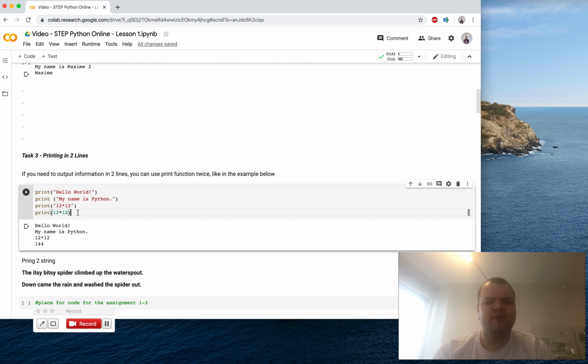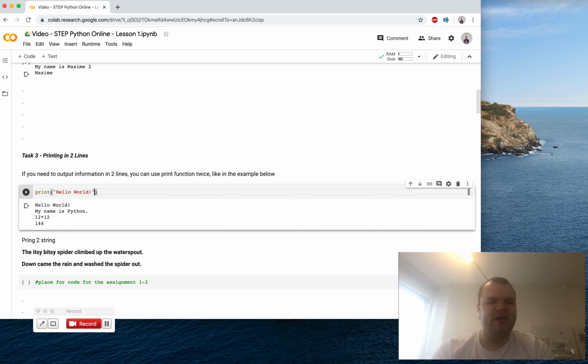So if you want to print something like calculating the volume of a cube, not the area of the cube, you will use something like this.